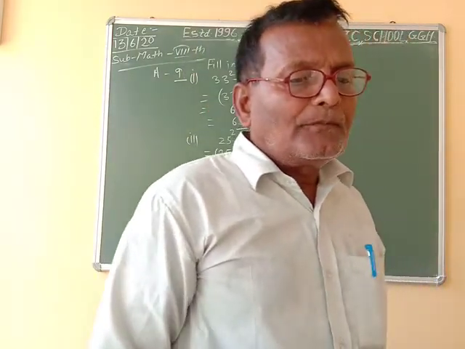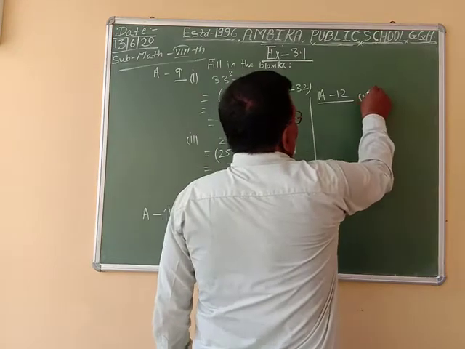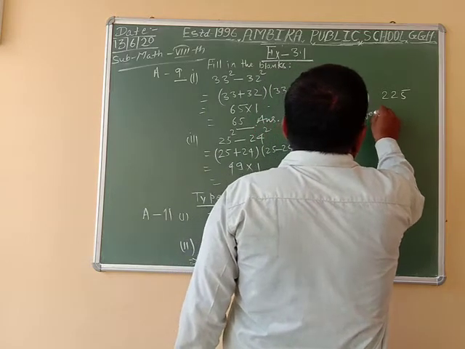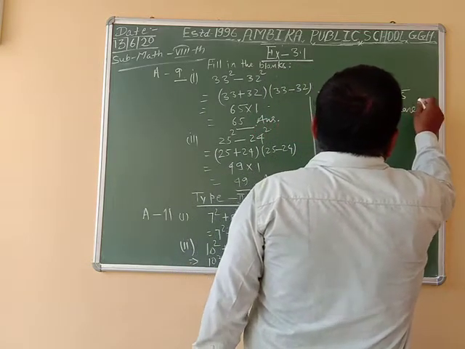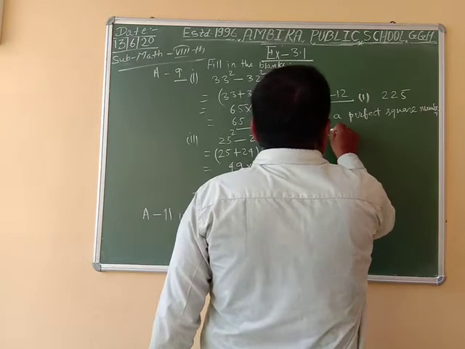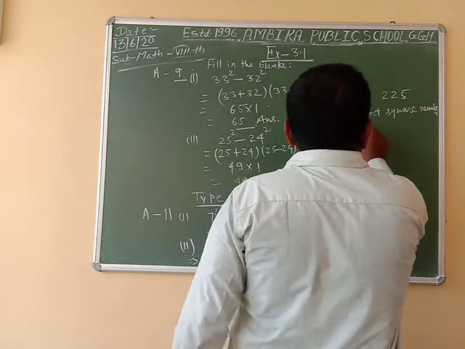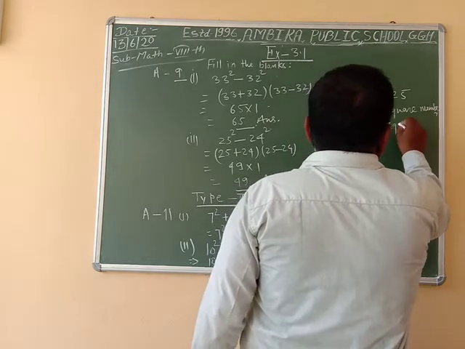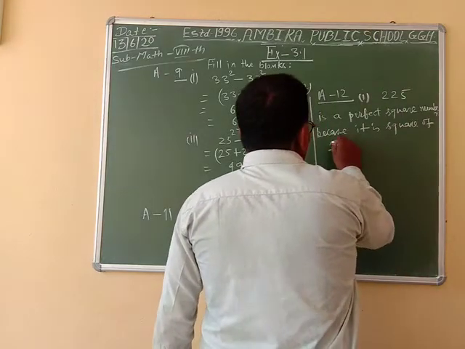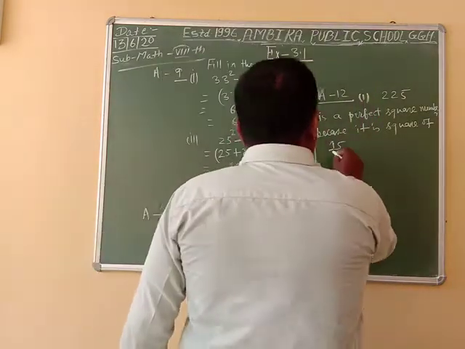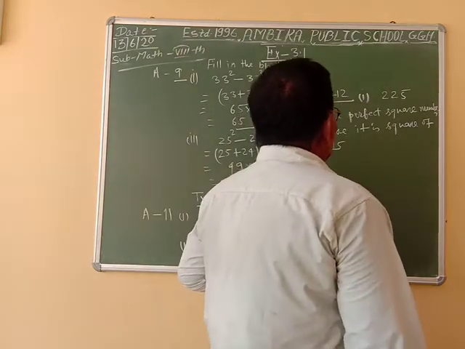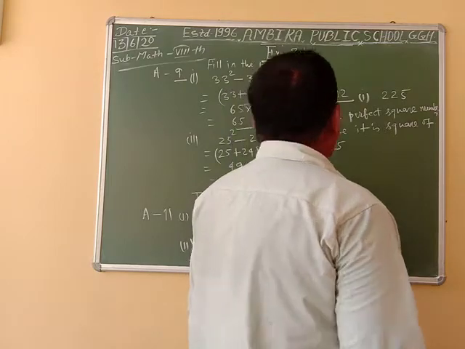Here we see that 225 is a perfect square number because it is a square of 15. Remember the definition of a perfect square number: a perfect square number is that number which is a square of any natural number.